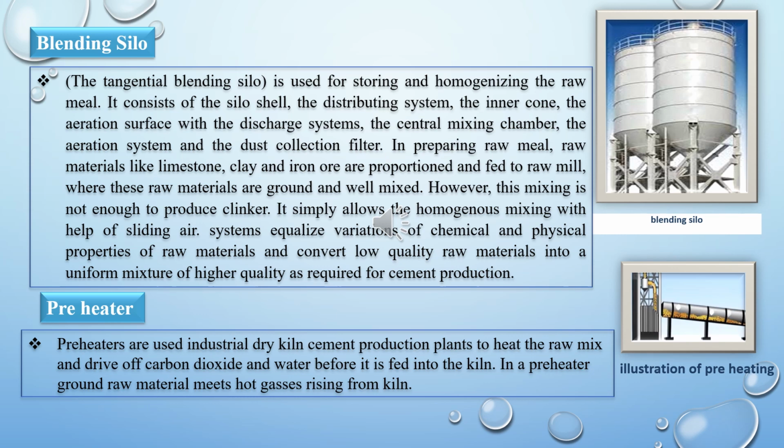Students, after passing through the blending silo, our raw material is now in high quality, pure, homogenized form. Now it is its turn to be fed into the kiln, but before the kiln, this raw material is fed into the preheater where the carbon dioxide is removed by heating.